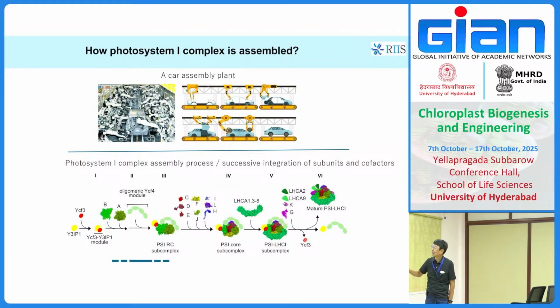And in the end, if you purchase a car, of course you don't find in the car the factory workers or a robot to assemble it. No, you can only buy the car. It is a very similar step to the assembly of a complex.